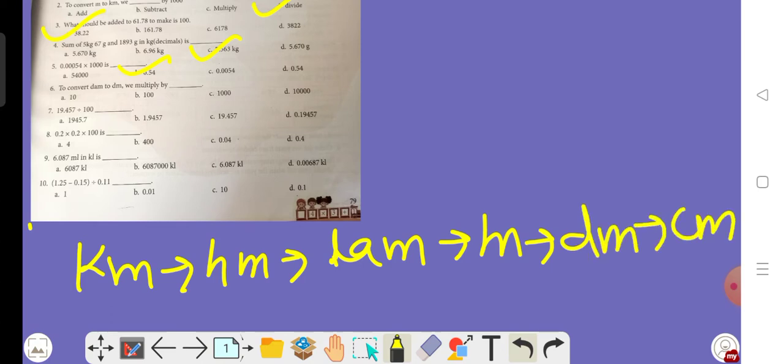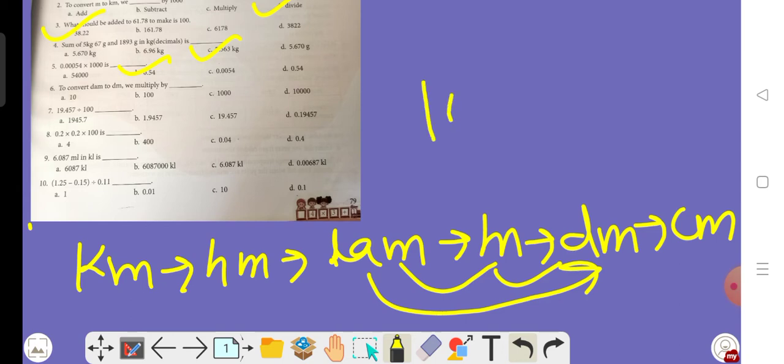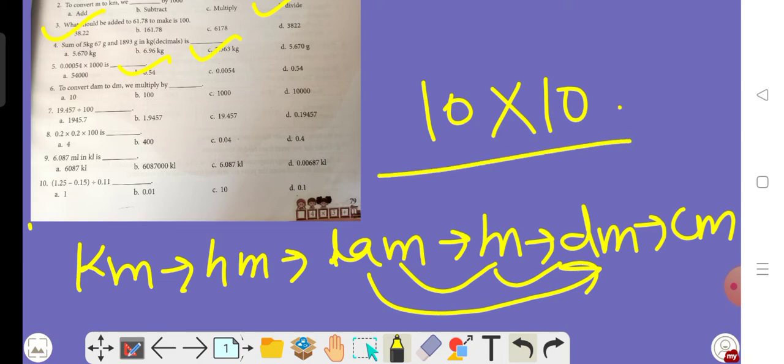Here we have to move from decameter to decimeter. So how many steps do we have to move? 1 and 2. 2 steps moving means we have to multiply by 10 by 10. Okay, so this is equal to 100. So the answer is option B. We have to multiply by 100.